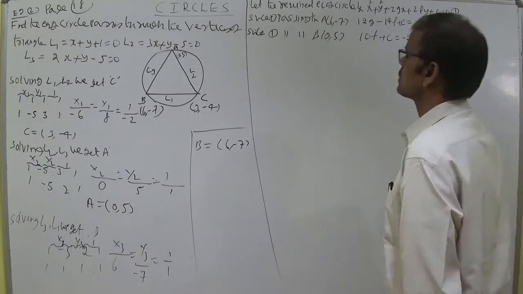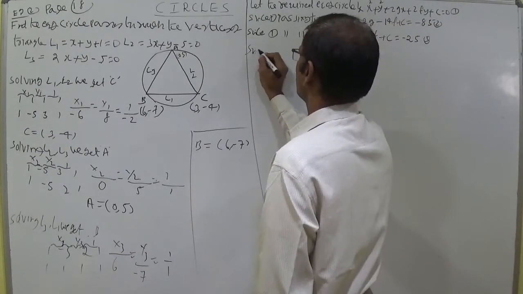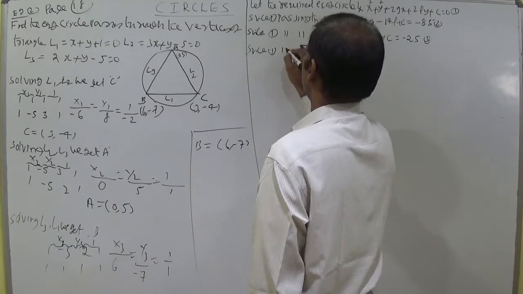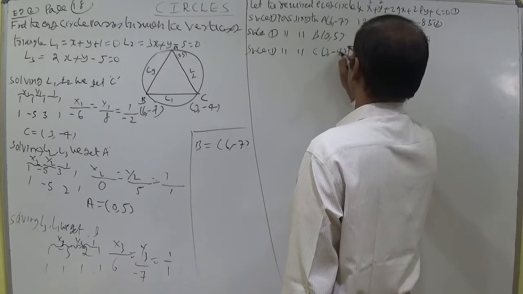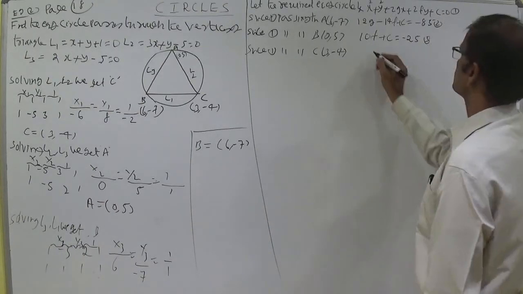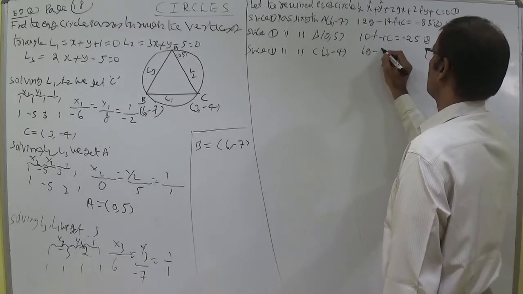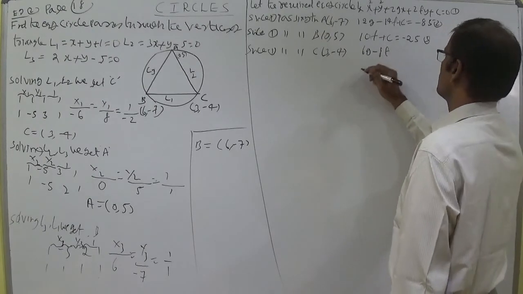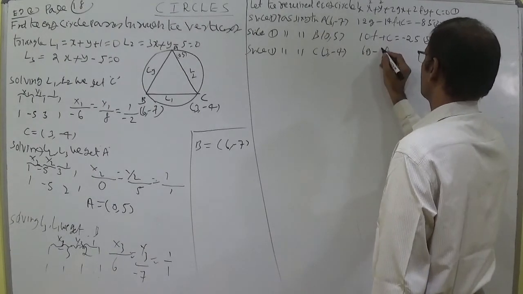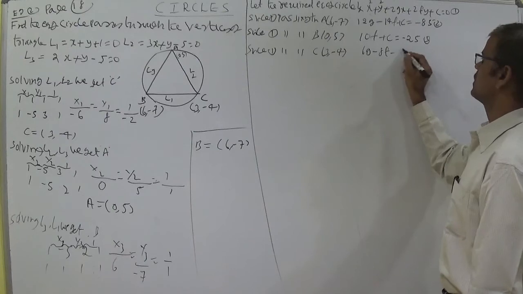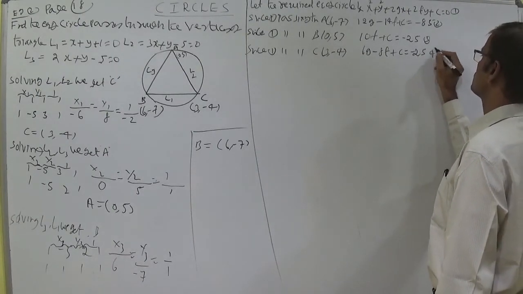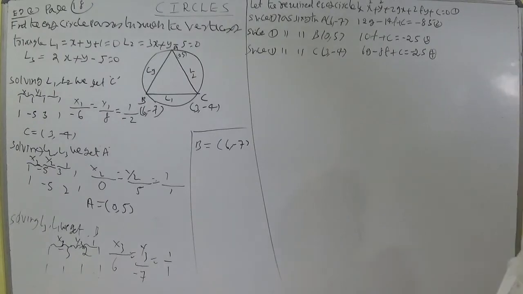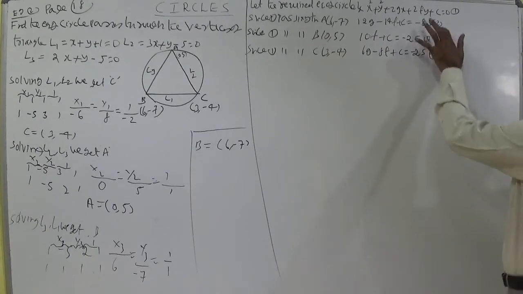Let it be the third equation. Again, since it is passing through the point C, 3 comma minus 4, substituting 3 comma minus 4 here we get 6g minus 8f plus c is equal to minus 25. This is the fourth equation.